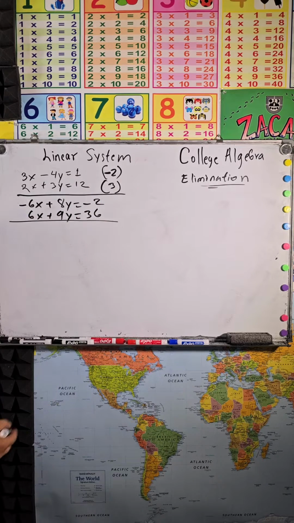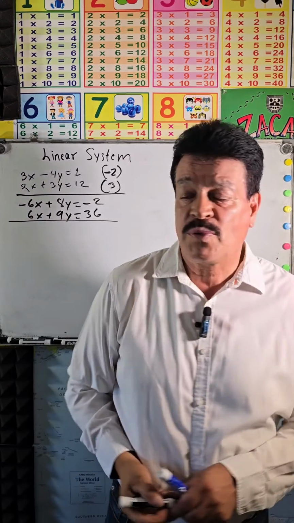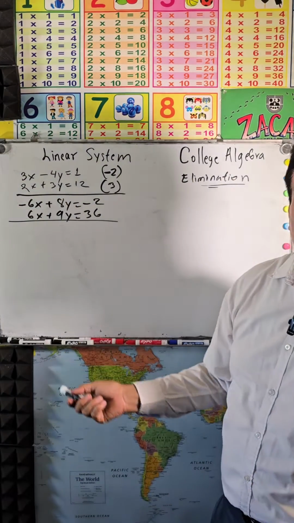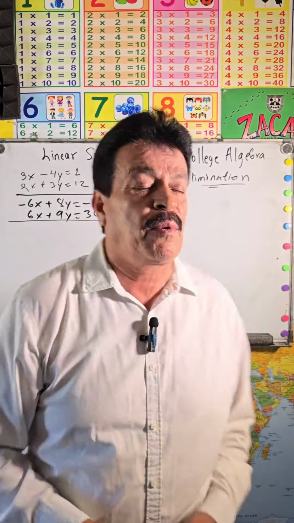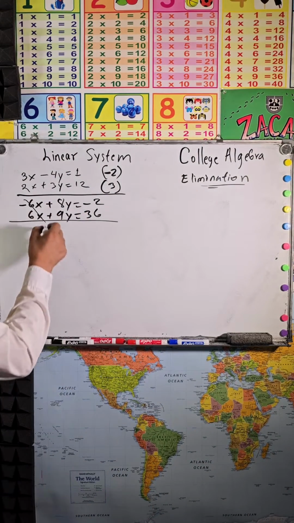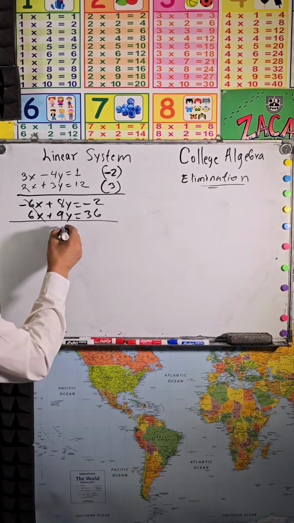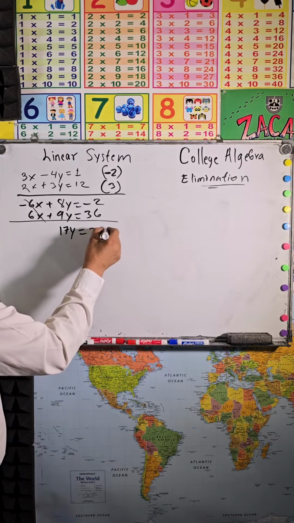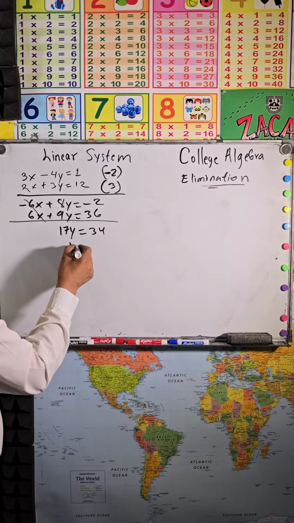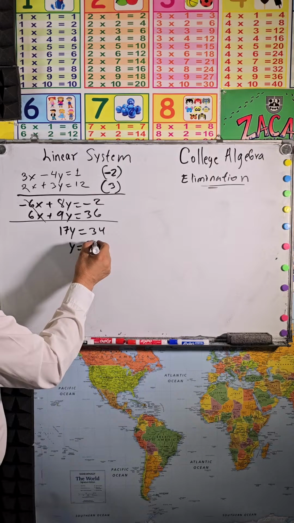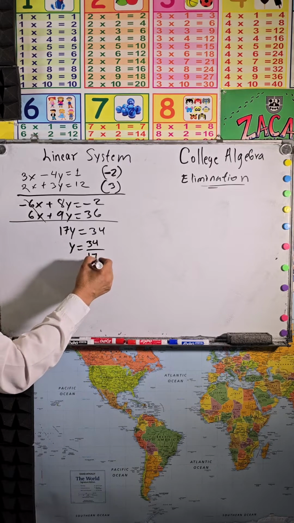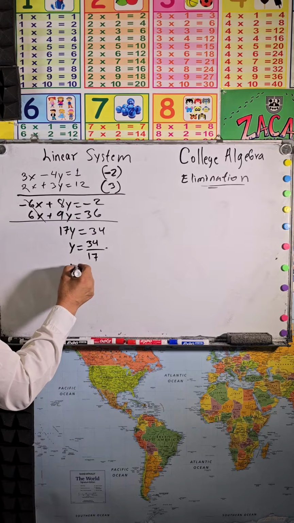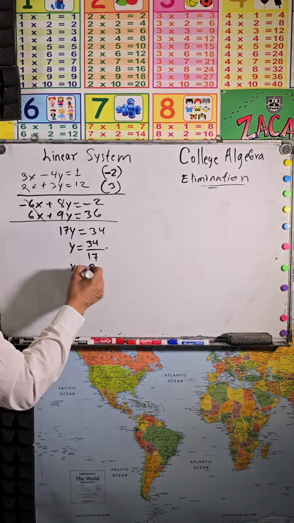So now we add. We cancel one variable, the x, and we will have 17y equals 34, and then y equals 34 divided by 17. So y is equal to 2, right?